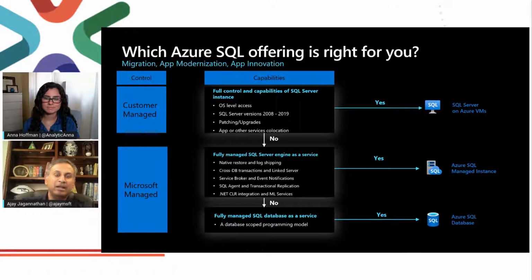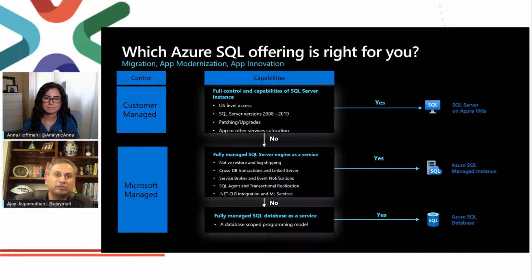So on the PaaS side, even though both instance as a service and database as a service have differences in the surface area, they are built on the same Azure Service Fabric, meaning you get all the built-in benefits of the evergreen version of SQL, which is fully managed and maintained by Microsoft, upgrades and patching of the whole stack from the SQL down to the host OS, as well as built-in high availability and all the SLAs that Anna shared.